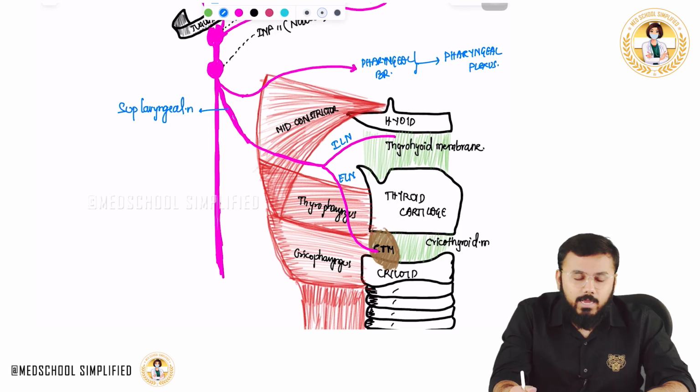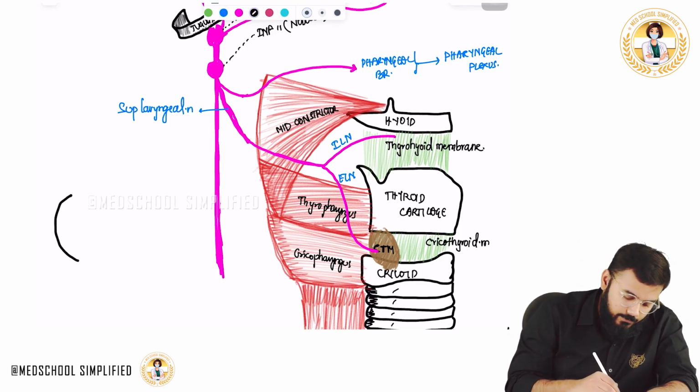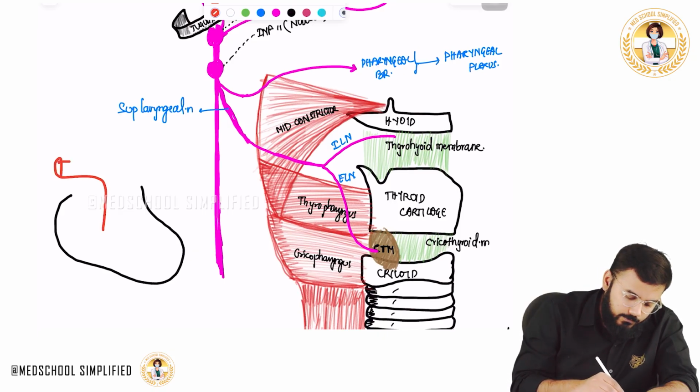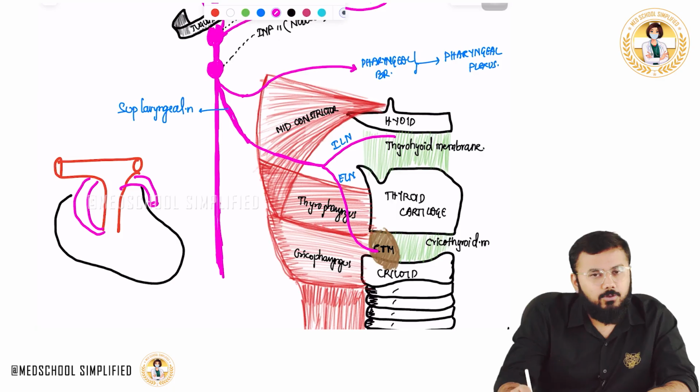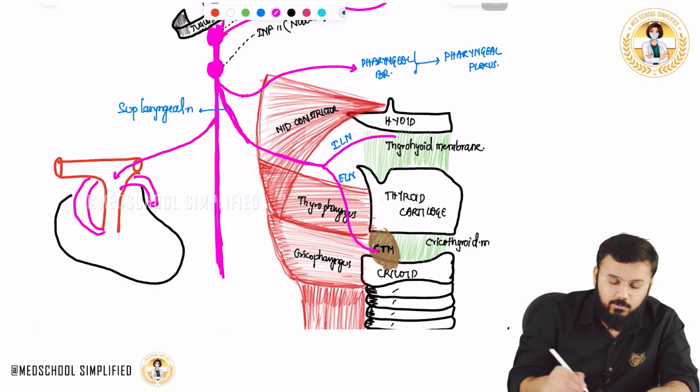Next important thing is that let me draw this picture of the heart. Just a rough picture of the heart. Now what I am trying to tell you is that here there is one branch that goes all the way and supplies the top surface of the heart.